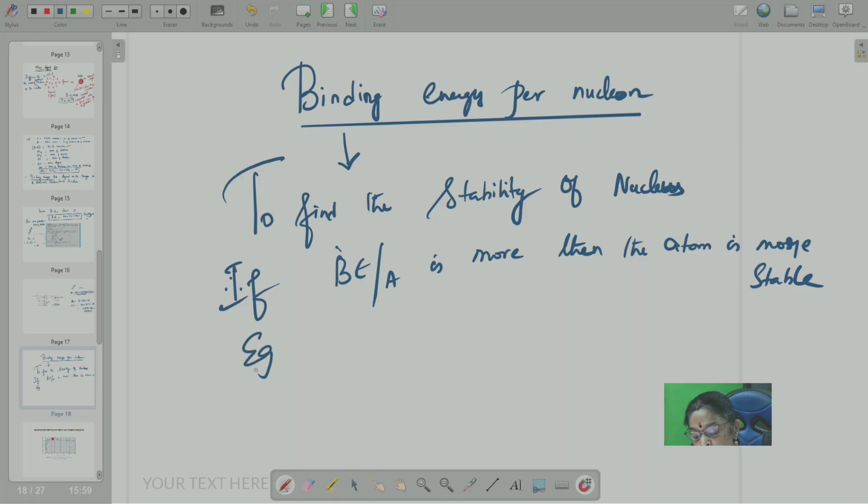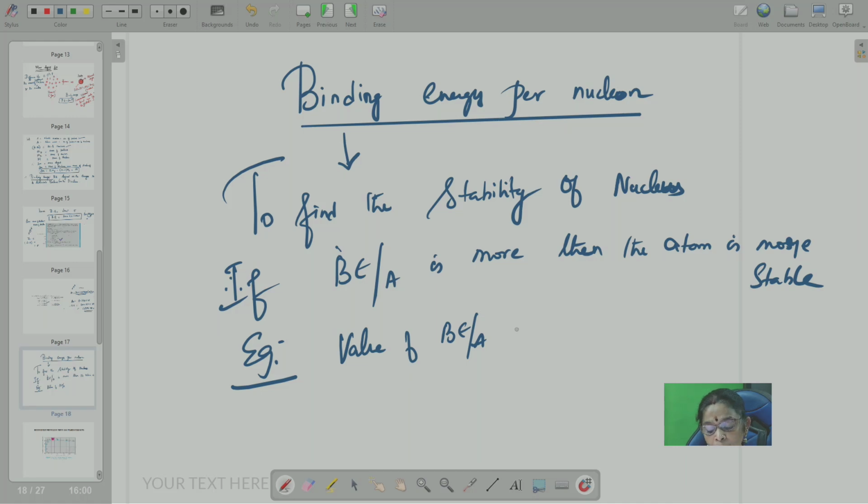For example, the value of B by A, you can't find out by using binding energy. For example, certain element binding energy value will be more. But you can't conclude that since the binding energy value is more, stability is more. How do we find out the stability? Only by using binding energy per nucleon value.